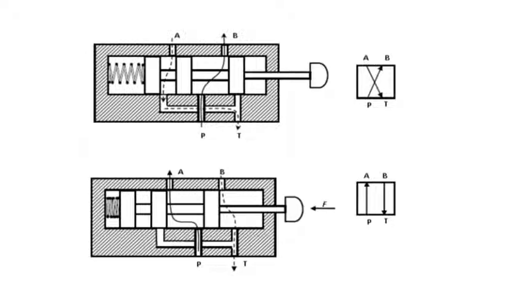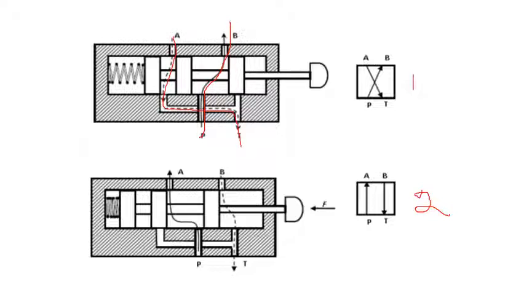You can see in this diagram also, compared to the previous diagram, here in the first position P connected to B and A connected to T. This is the first position and this is second position. See here, look at this, the P is connected to B, it tells it is a retracted position, and A connected to tank.